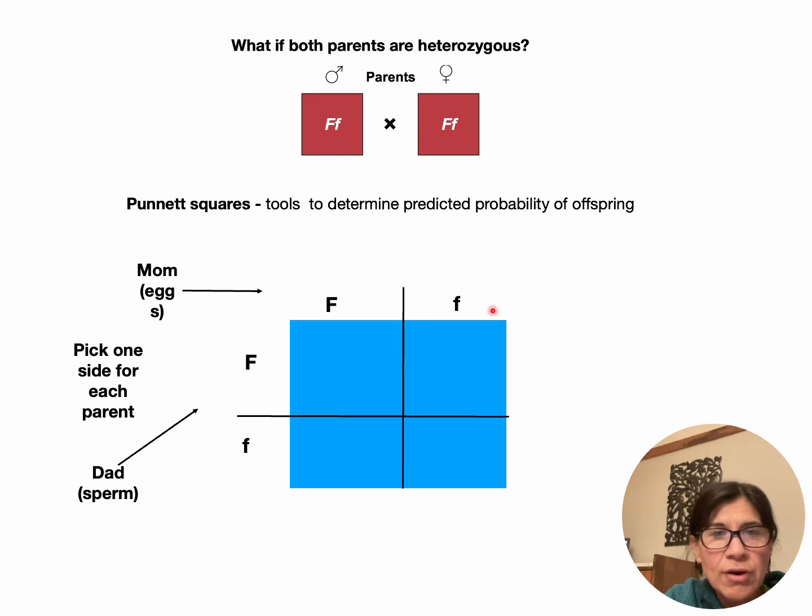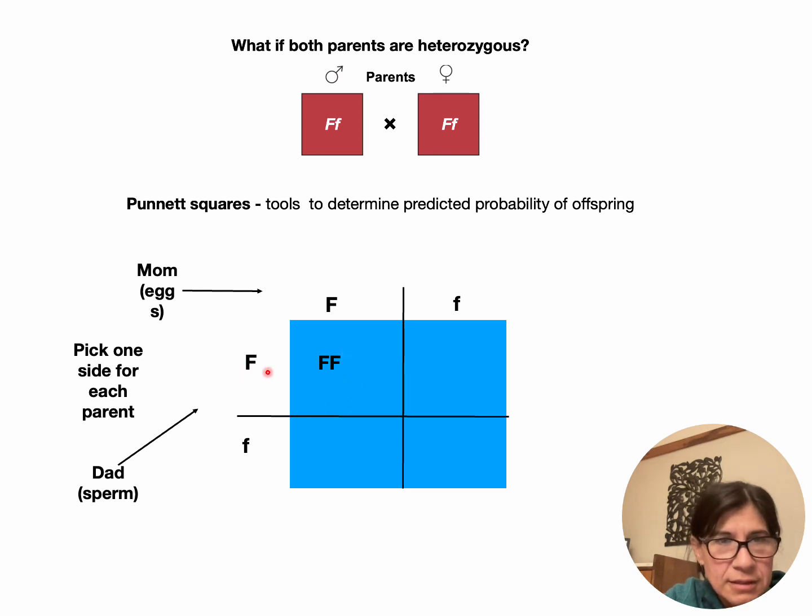All right, so after you have that, you start filling in the inside. So the inside represents the offspring. So if, for example, this sperm fertilized this mother's egg, what would the offspring look like?